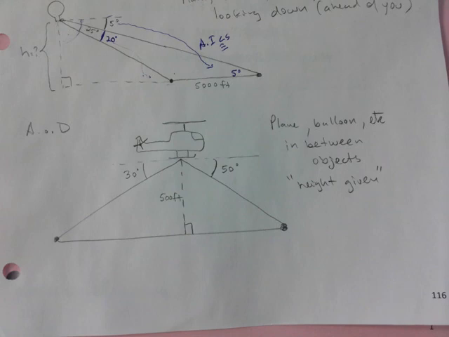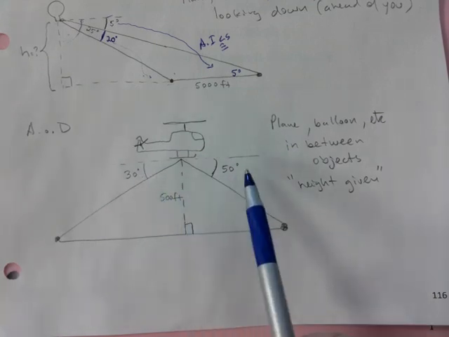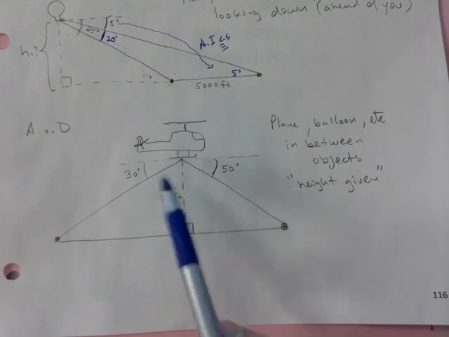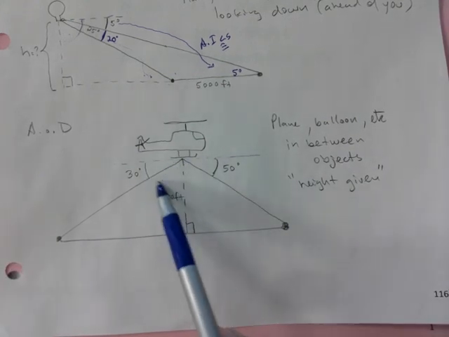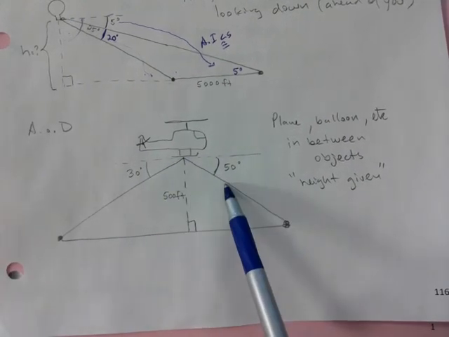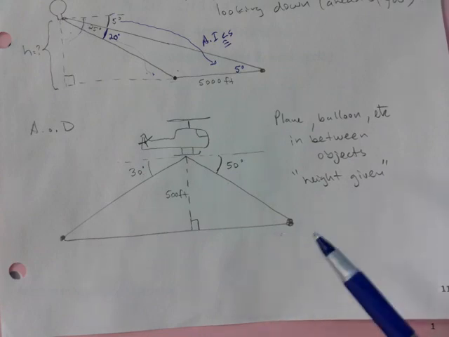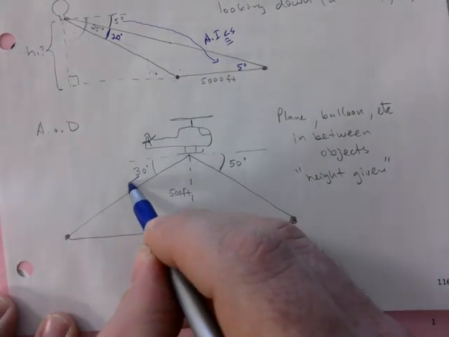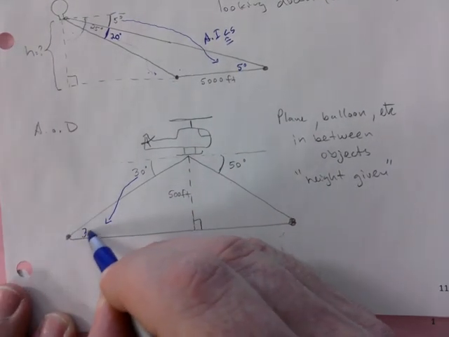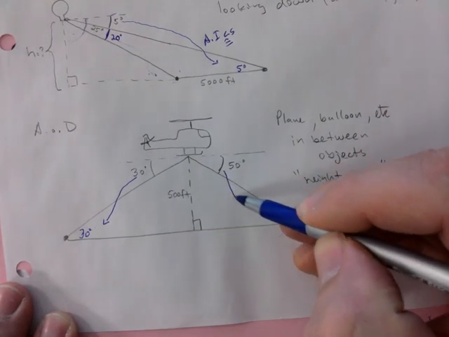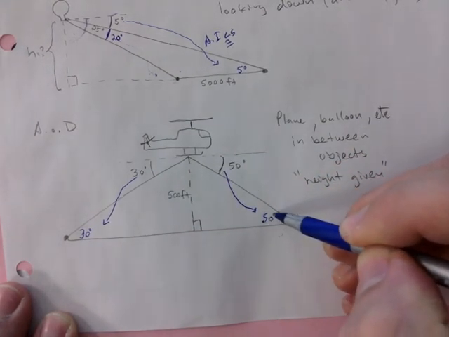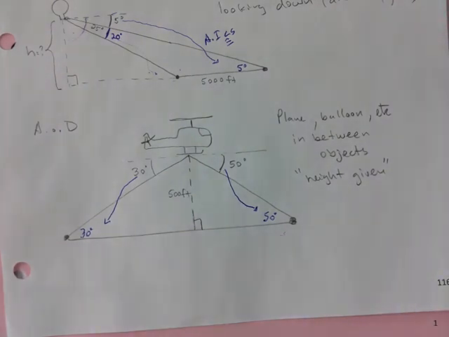And so you can be creative. To be honest, right now, some of you might say, hey, this is 30 and that's 50, so that's 80. So this whole thing is 180, so I can figure out that this is 80. But it doesn't really help you much as is because you don't have the side across from it. Just making an observation. But what is helpful is to bring this 30 down here and to bring the 50 down here. That is helpful.